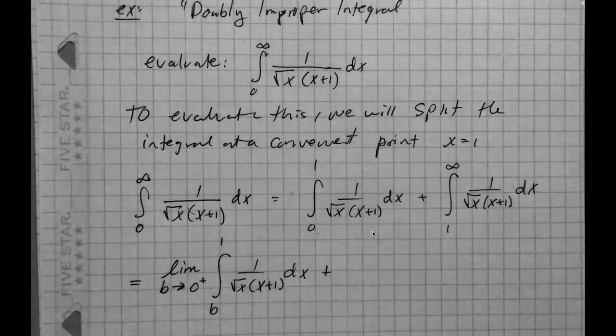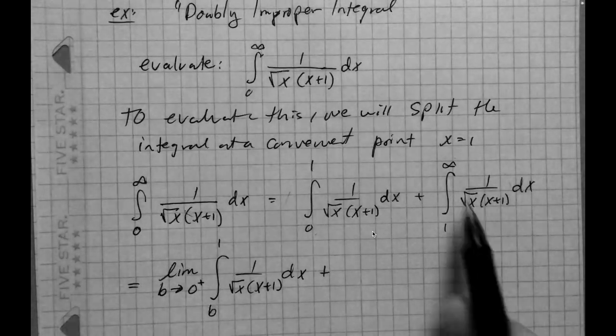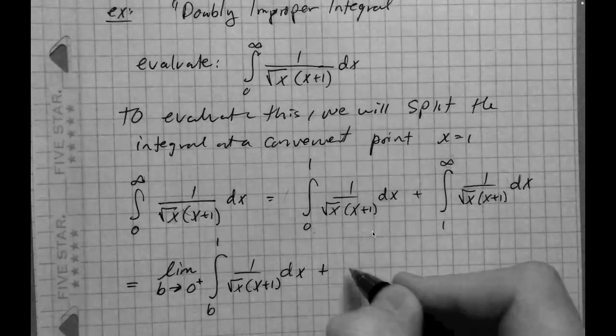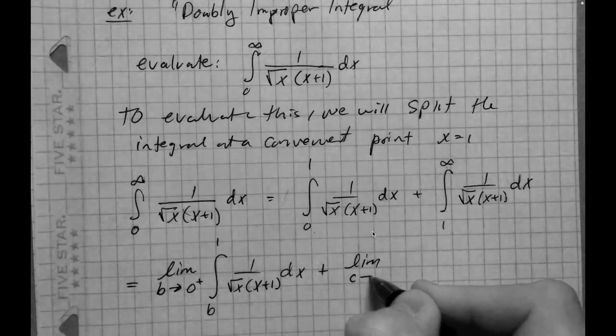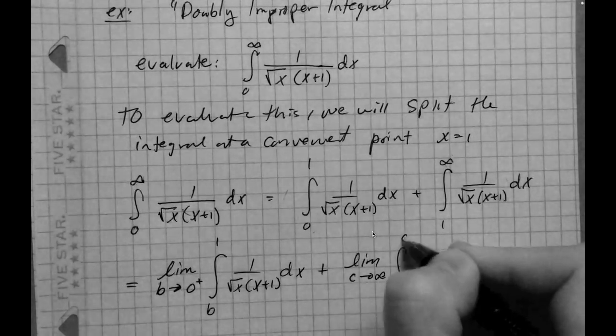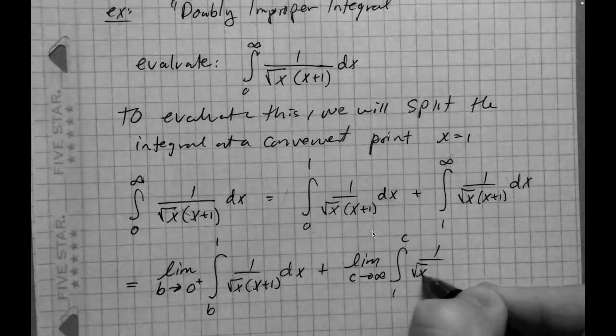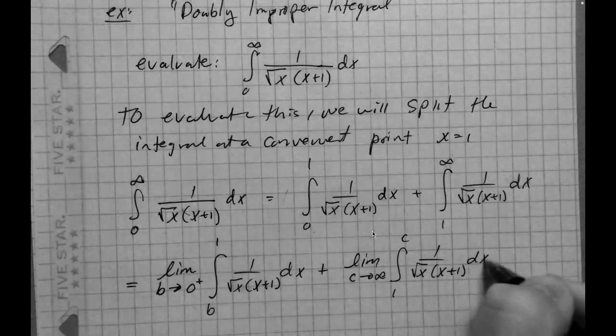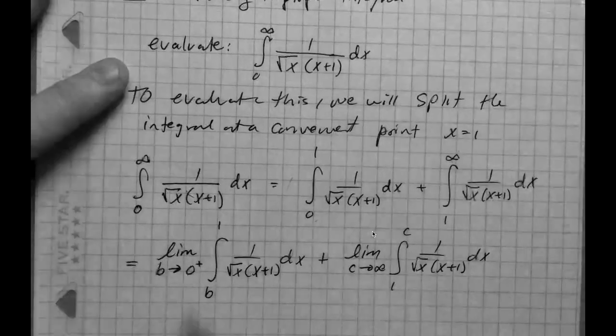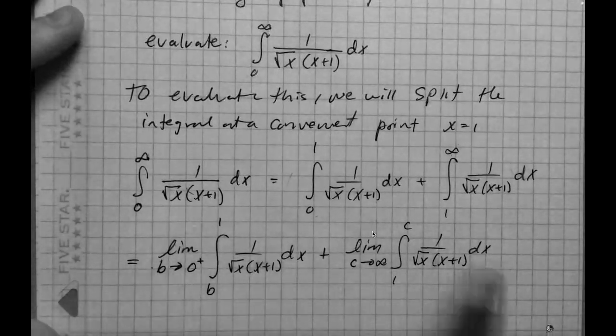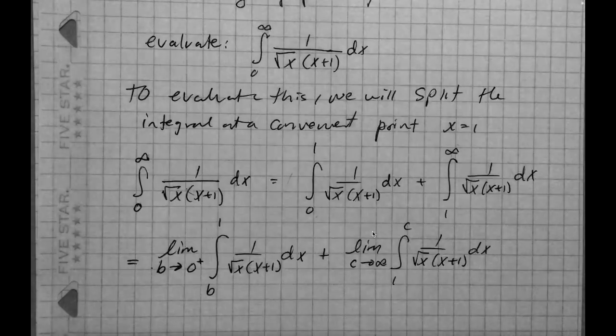On the upper side of the range, the problem is this upper bound. So what we're going to do is set the limit as c goes to infinity of the integral from 1 up to c. Notice this is a hybrid of the cases we've examined so far. We've got two different things going on here. So it's doubly improper. All right, very good.